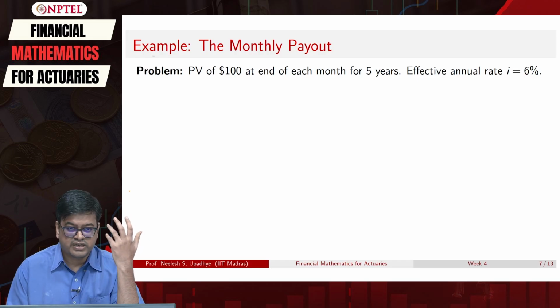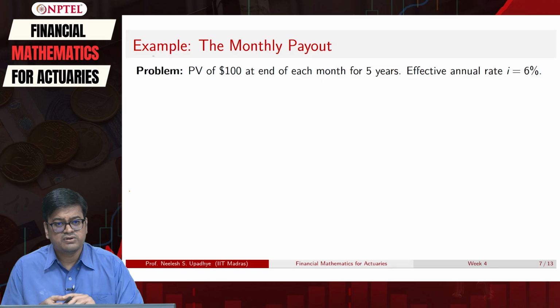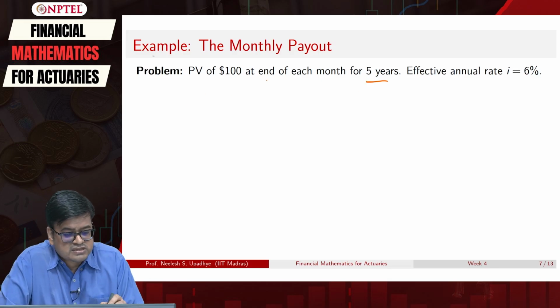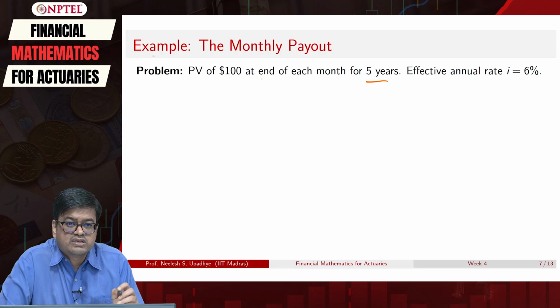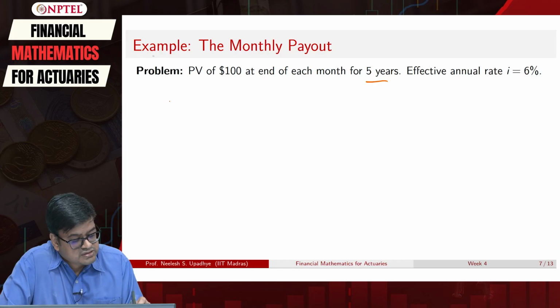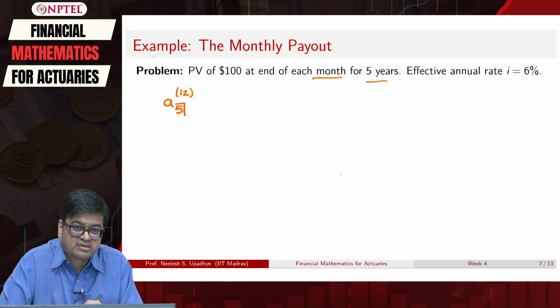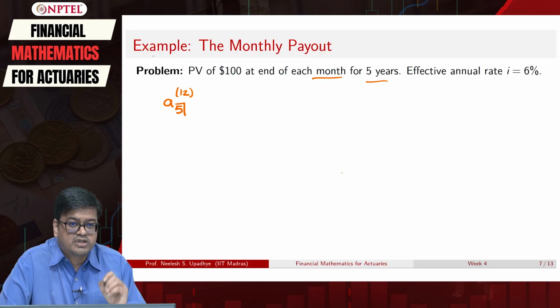Yes, I do. If I want to compute the annuity of 5 years, is this immediate or due? It's immediate. So it's A angle 5, and the frequency is 12 because this $100 is paid every month.